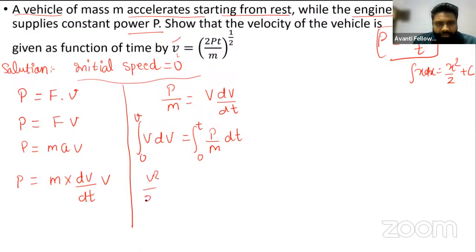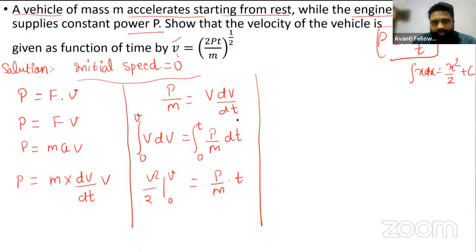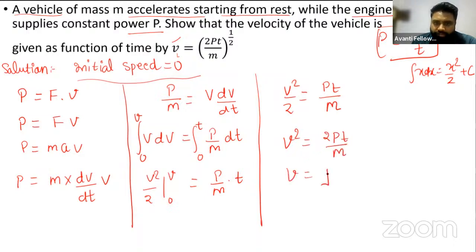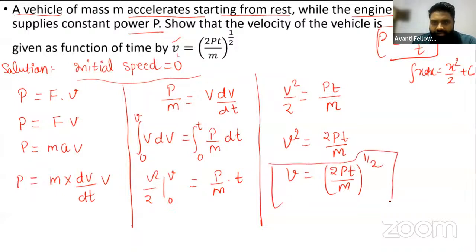So it will become v square by 2, with limits 0 to v, is equal to P by m into t. Now for the limits, you will have v square by 2 is equal to Pt by m. Now take this 2 to the other side, so v square is 2Pt by m. Now v is equal to the square root of 2Pt by m, or you can say (2Pt by m) raised to the power 1 by 2. So this is the relation we had to develop.